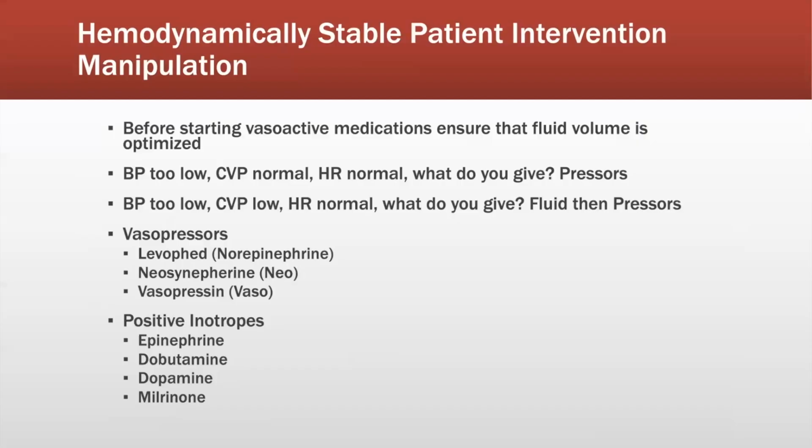If our CVP is normal, that means our preload is adequate, which means we have enough fluid volume, so we would give pressors. But if your blood pressure is low and your CVP is low, you would give fluid first and then start your vasoactive medications, such as the pressor. Always make sure that your patient is fluid optimized before you start giving them blood pressure medications.